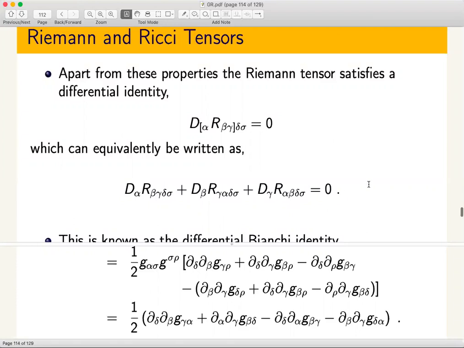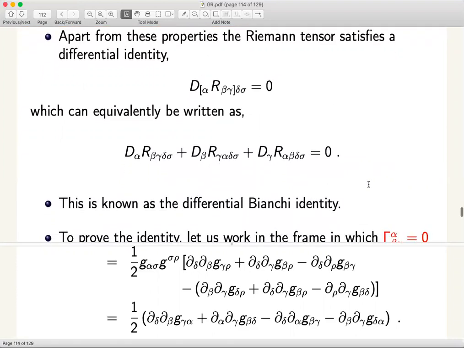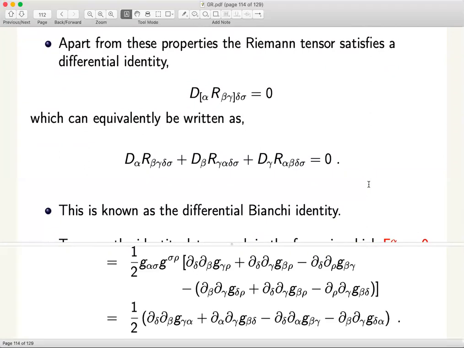You can see the indices are cyclically rotated, and delta sigma are just spectators. This identity is known as the differential Bianchi identity. I must say that not every book uses these words, algebraic Bianchi versus differential Bianchi. Some books do, some don't, but it doesn't matter.